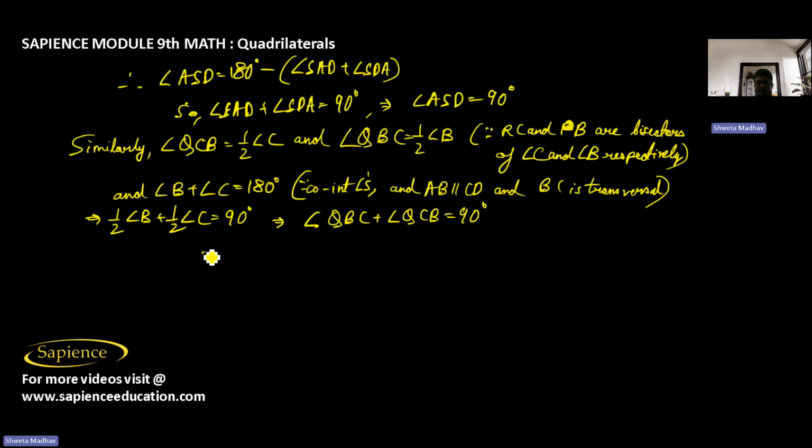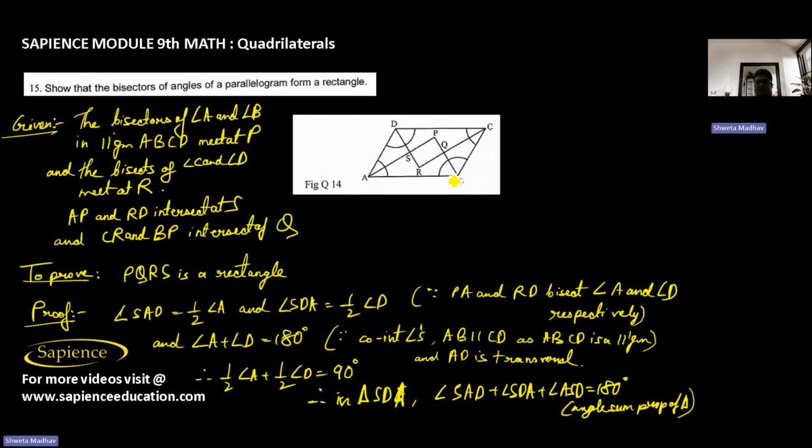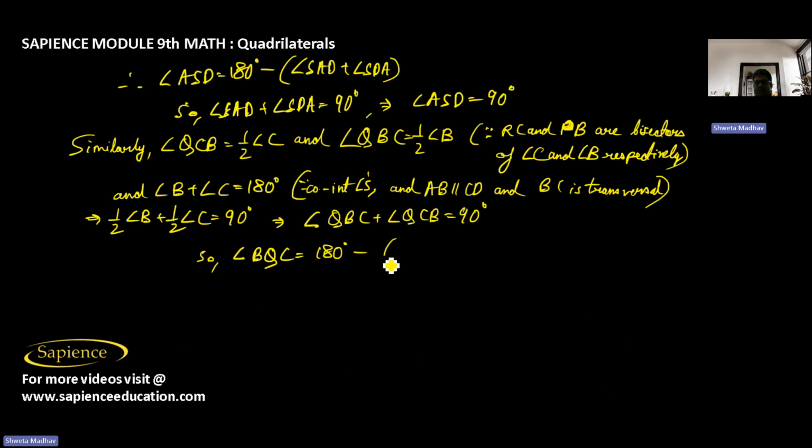And so therefore, we can say that angle BQC is equal to 180 degrees minus (angle QBC plus angle QCB), which is equal to 180 minus 90, that is 90 degrees.